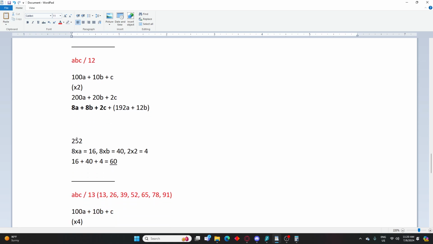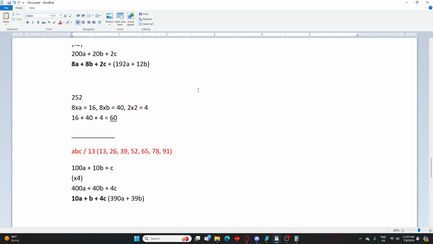So as an example, for the number 252, we have 8 times 2, which is 16. We have 8 times 5, which is 40. And we have 2 times c, which is 2, which equals 4. So 16 plus 40 plus 4 is 60.